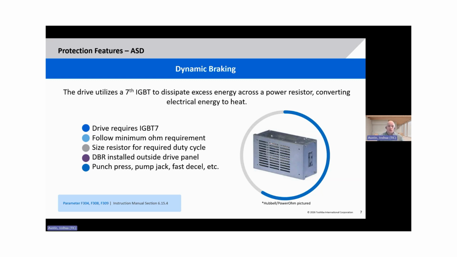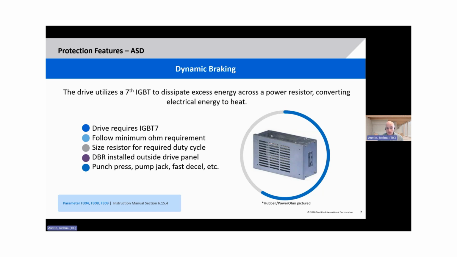When you look at selecting a dynamic braking resistor, you want to make sure you follow the minimum ohm requirement that's listed in the product manual. And then when looking at sizing, you have to consider the duty cycle and the amount of power that's being regenerated by the application. Duty cycle refers to how often the resistor is going to be needed to dissipate that energy.